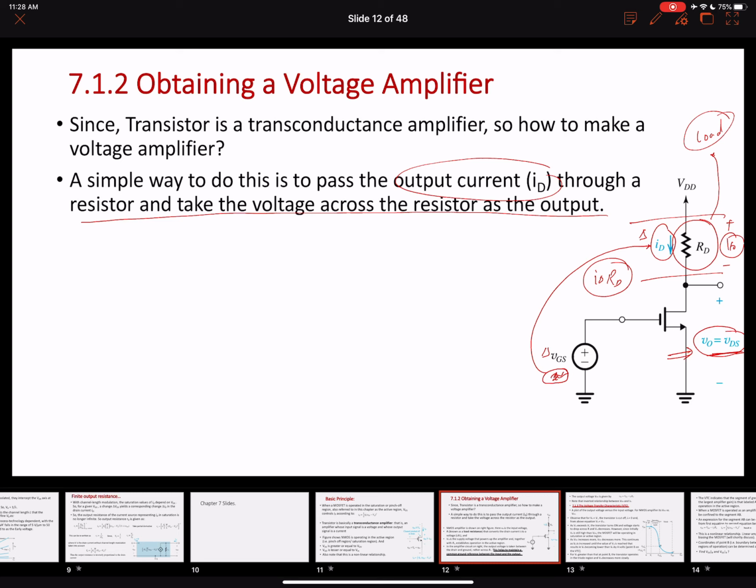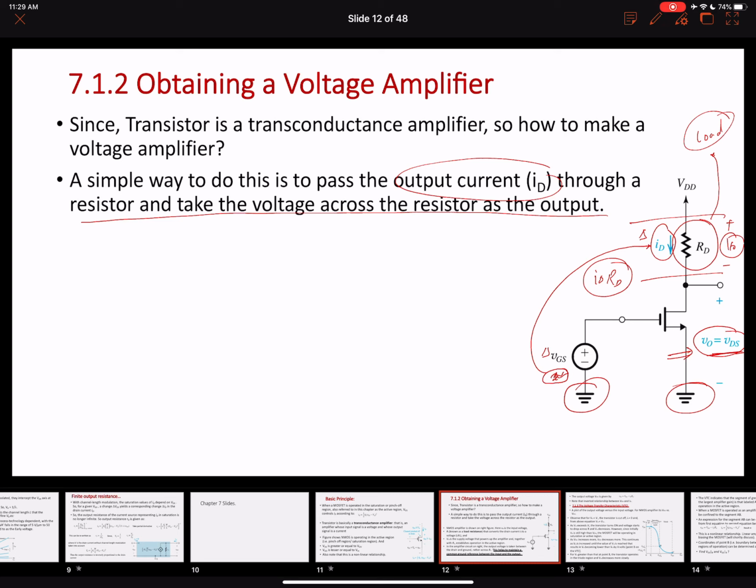The most important thing, or the advantage of taking the output as equal to VDS, is that if you look closely, we have a common ground between the input and the output of the amplifier circuit, right? And making a common ground in the circuit simplifies the circuit a lot.